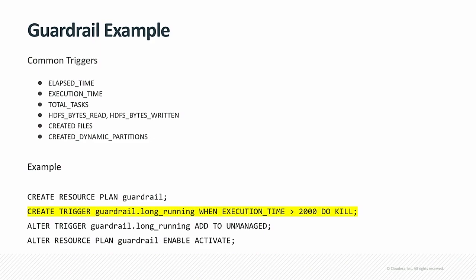In this example, if you hit an execution time greater than 2,000 seconds, then you can say, hey, this is taking too long. Kill the query. You can do other actions besides just killing them too.